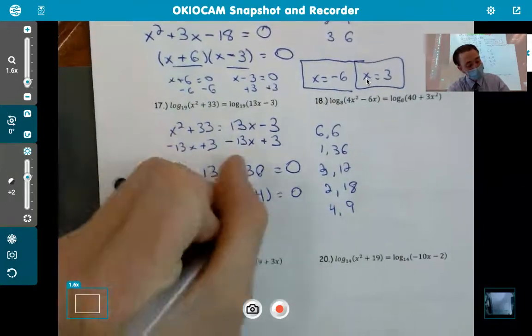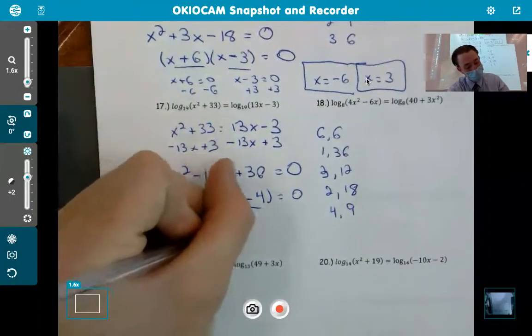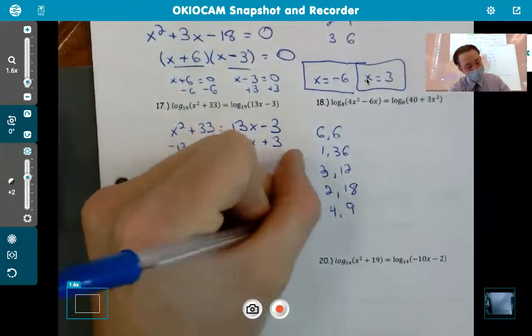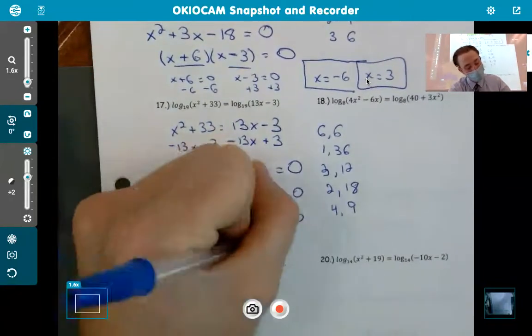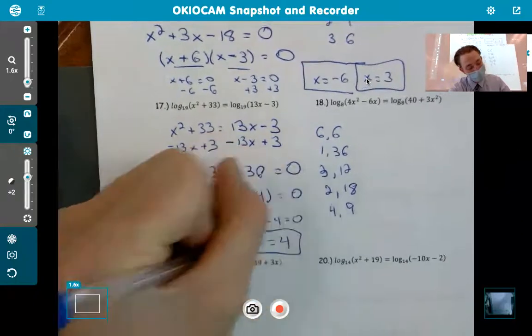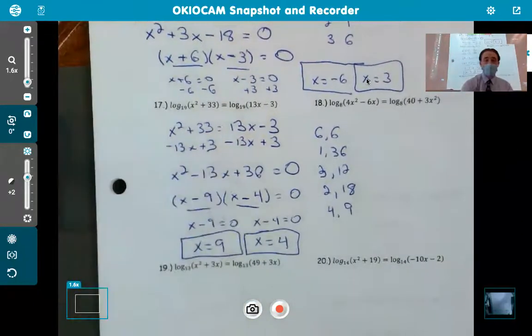Take each of those factors, set them equal to 0, and you get x equals 9, x equals 4. And those are your final answers. All right, just add the 9 over, add the 4, and you're good. Any questions about that example?